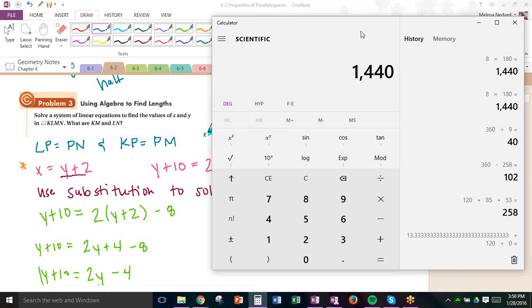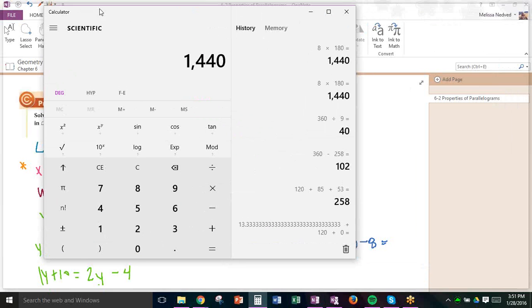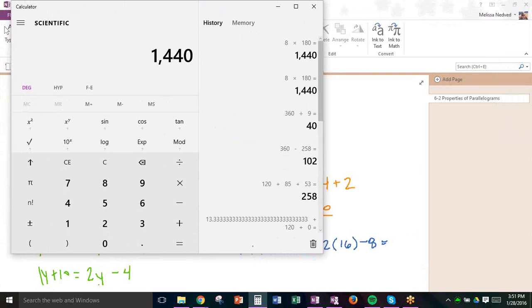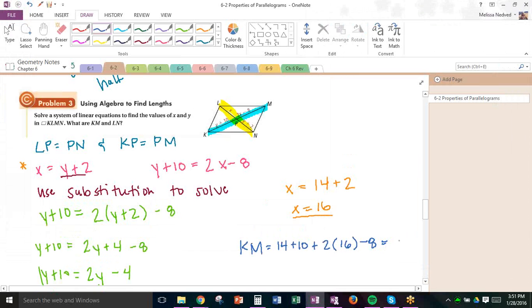So let's go ahead and throw that in our calculator here. There we go. So 14 plus 10 plus 2 times 16, which is 32, minus 8. My KM is equal to 48 units long.